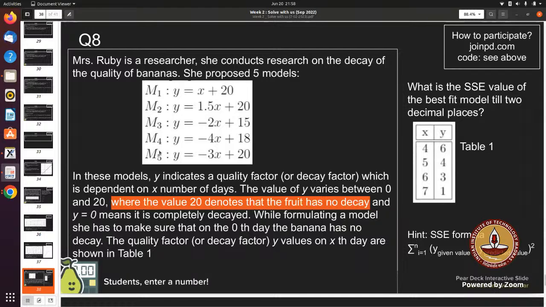Only the last equation, M5, satisfies all the conditions. At x equal to 0, the y value is 20 and the slope is minus 3, which is negative. So this is a proper model for our experiment. Now I have to calculate SSE for only M5, not the others. Is it clear now?